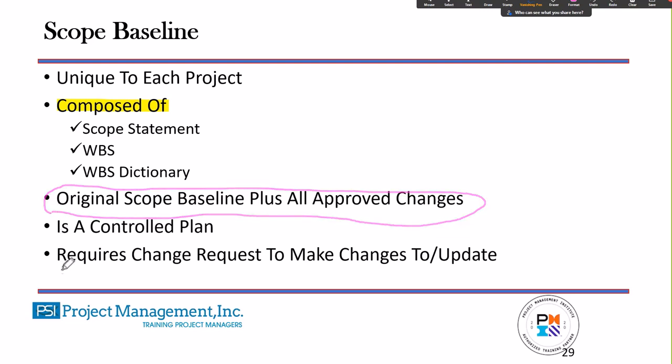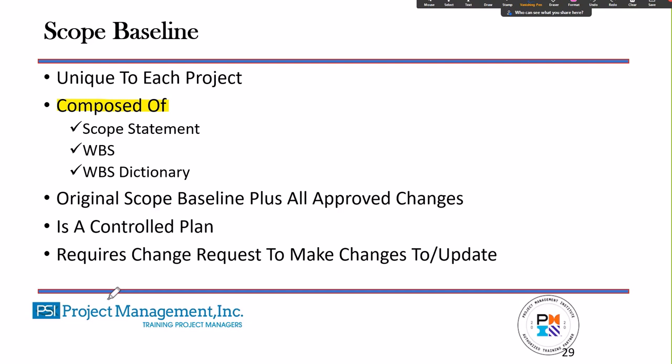Once that scope baseline is output, it is a controlled document, a controlled plan, and to make a change to it, you have to have an approved change request. If you have an approved change request, then you can update the baseline and proceed on with the project.